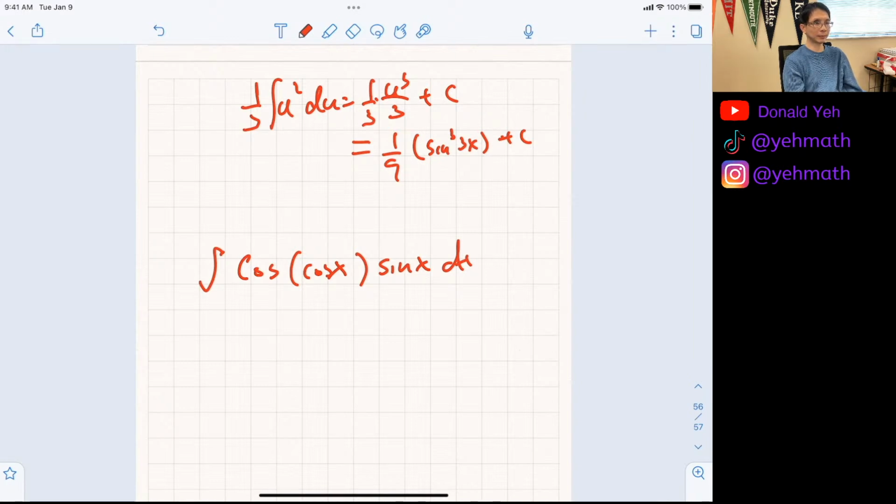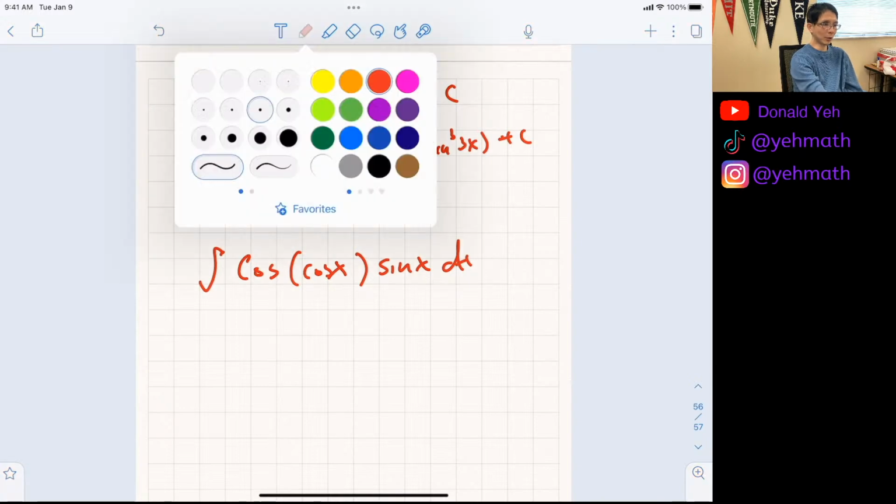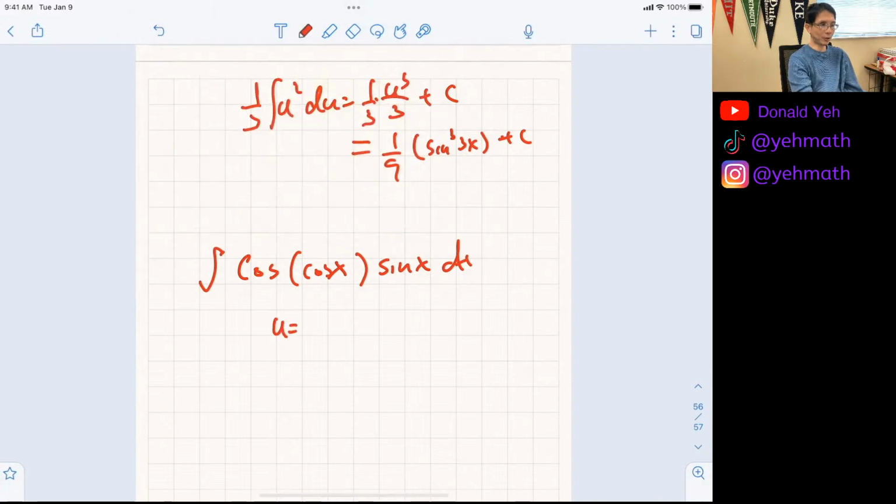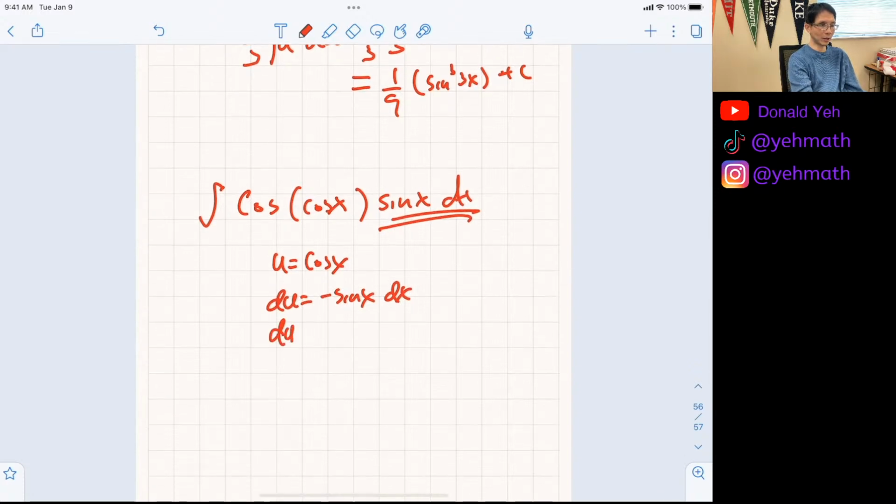Kyle, what do you think? Cosine x? Nicholas, what are you thinking? Cosine of x is a good choice. It's a great choice because you see the du right there. That's what causes them to cancel.